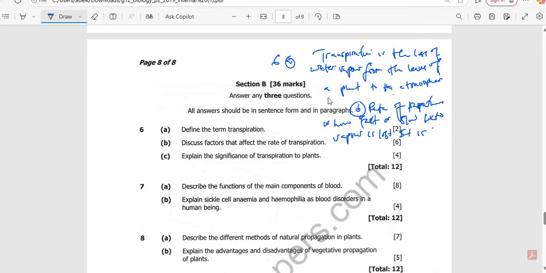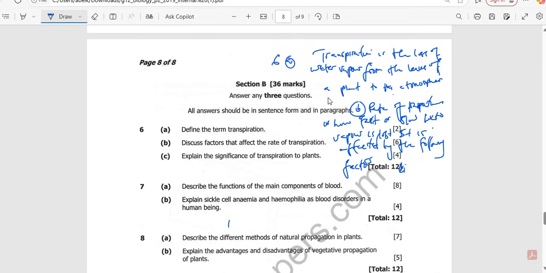It is affected by the following factors. So I've just introduced what I'm about to discuss. I'll not even put points or bullets. I will just start because I want to make a paragraph.